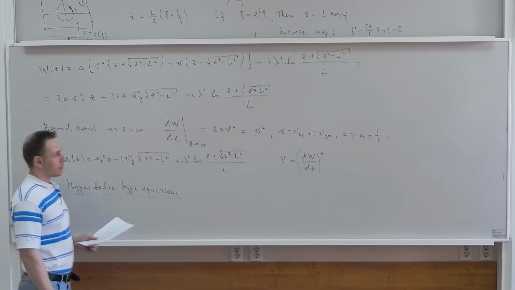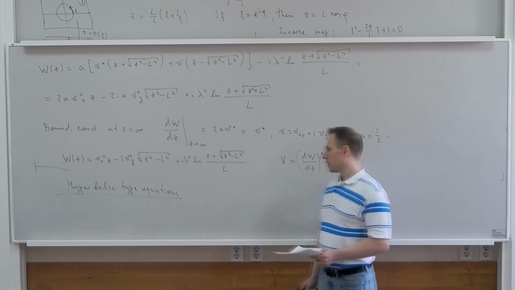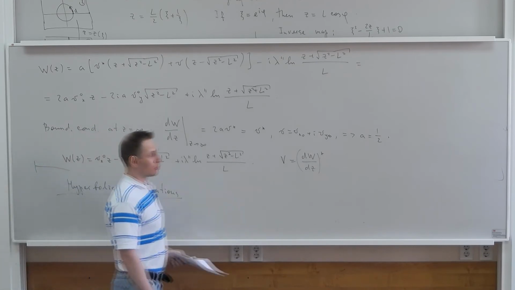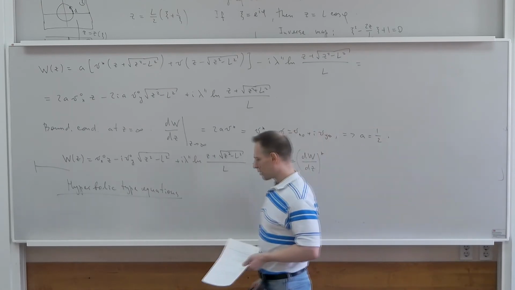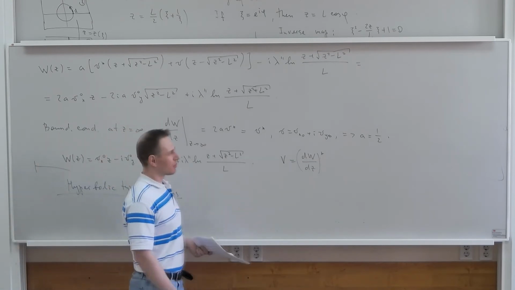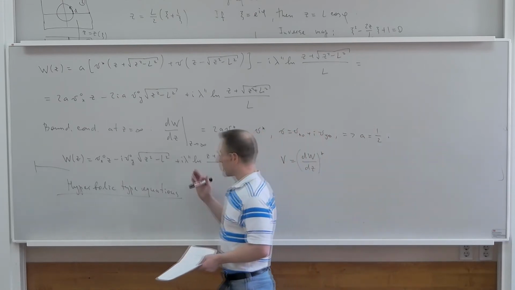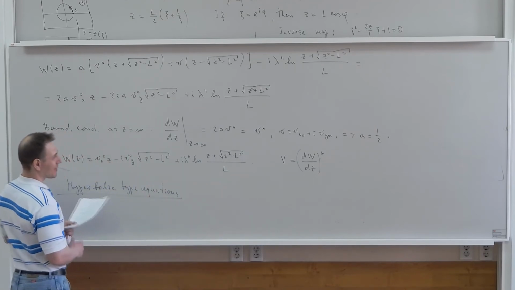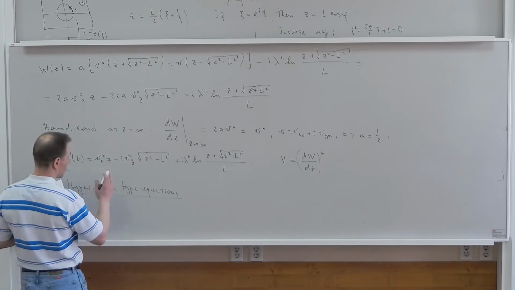In the previous section we considered the elliptic type equations, and I showed you several approaches to solving them, and we proved several general properties of their solutions. But now we turn to the hyperbolic type equations, and the first subsection in this section is a formulation of the Cauchy problem for such type equations.